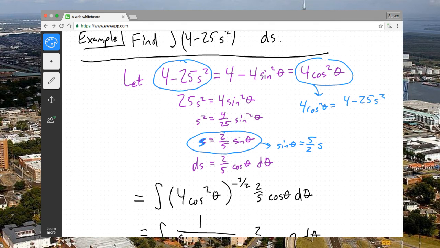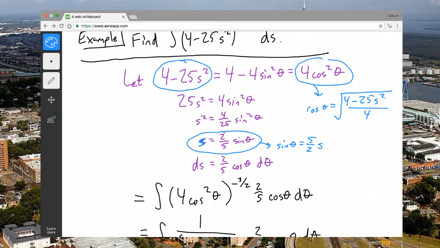We can divide by the 4 on both sides to get rid of it on the left. And then to get rid of that square, I'll just take the square root. Remember that for our theta values, cosine is positive, so the square root will be positive here.